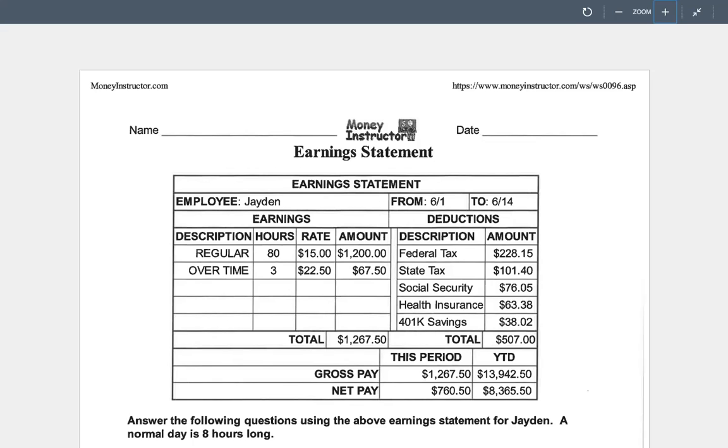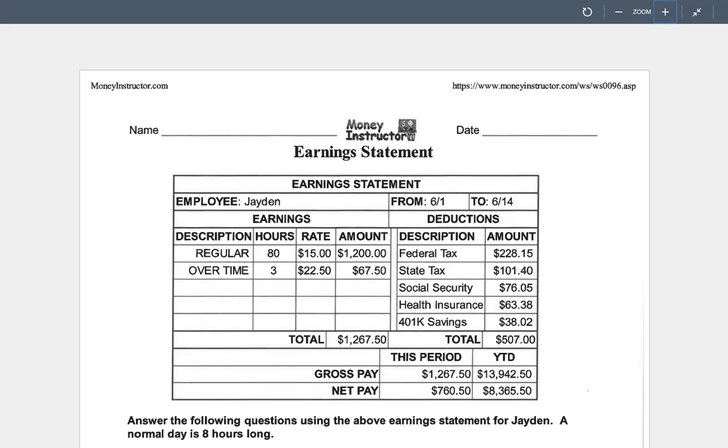In this 2-week period, Jayden, now we're going to go to the hours column. Jayden worked 80 hours regular pay. So that means for those 2 weeks, he worked at least 40 hours one week and 40 hours the second week.